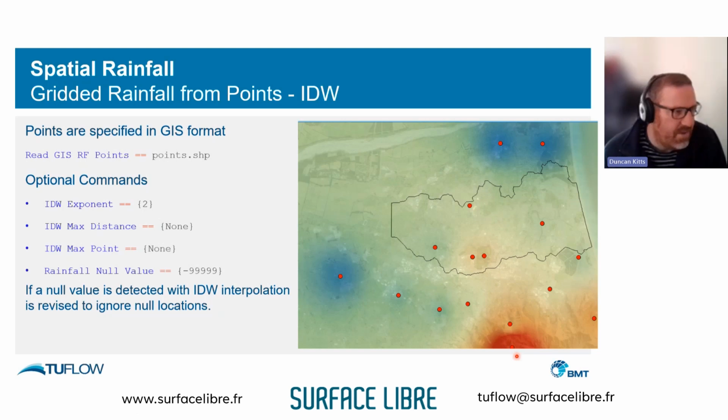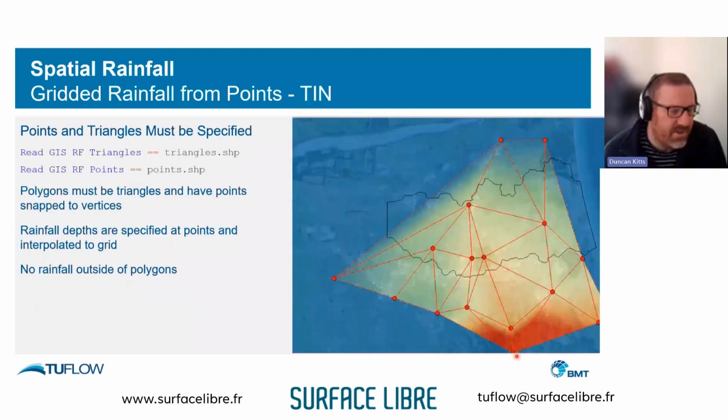We can do a TIN approach, and in this case, not only do we specify the rain gauge locations, but we can specify the triangles that we interpolate across. The rainfall depths are specified at the points and then interpolated. It's important to realize that when you're using this TIN approach, there's no rainfall outside of these polygons.